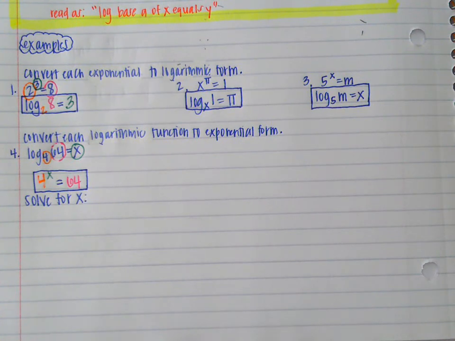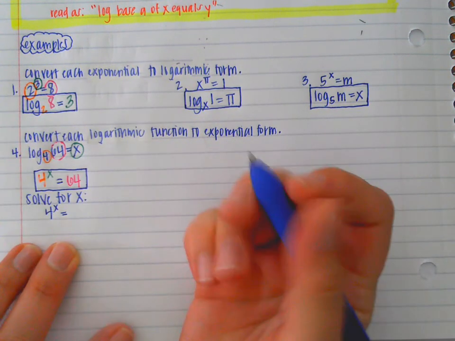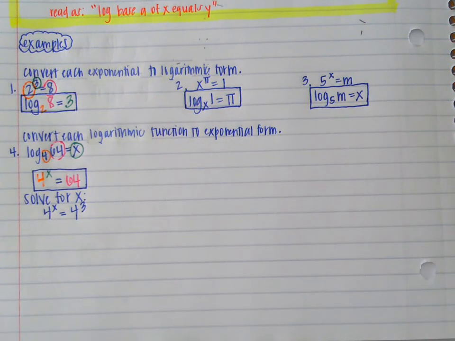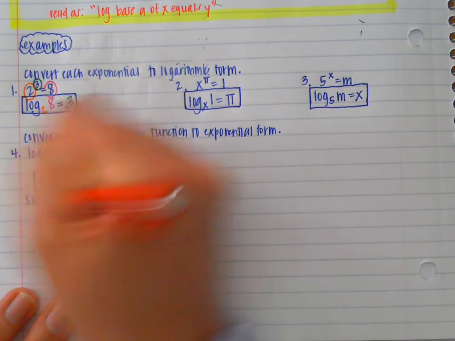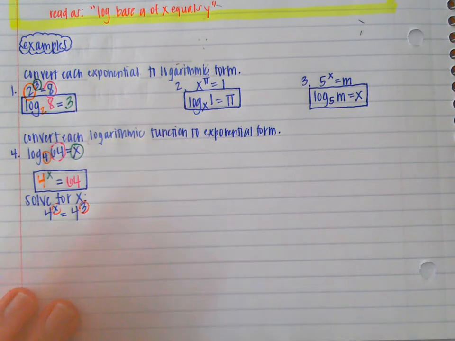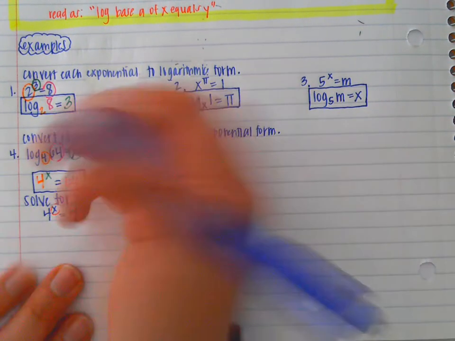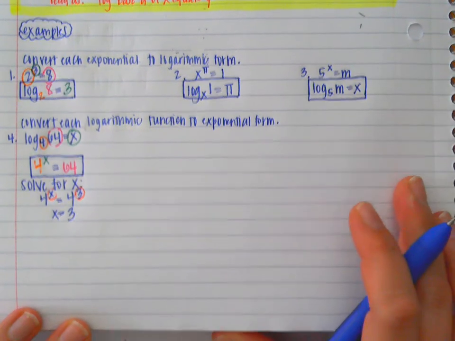And you can. So 4 to the x stays the same, and 64 is 4 to the third power. Now is the easy part. We set our exponents, x and 3, equal to each other, just like we were doing in 5-3, and I've solved for x. So x is equal to 3.